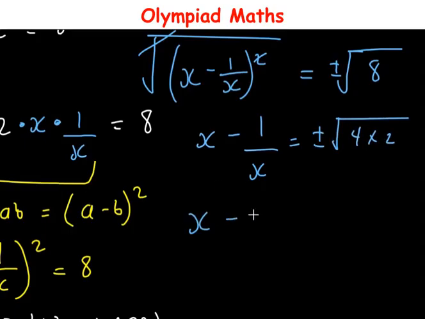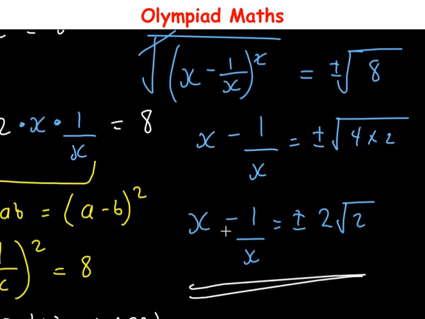So we have x minus 1 over x equals plus or minus square root of 4 is 2 times square root of 2. So with this, we have the final solution for the value of x minus 1 over x: x minus 1 over x equals plus or minus 2 root 2. So this is the final answer to the given expression.